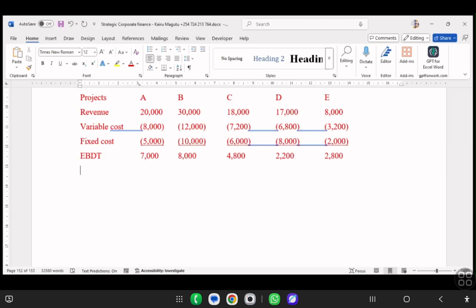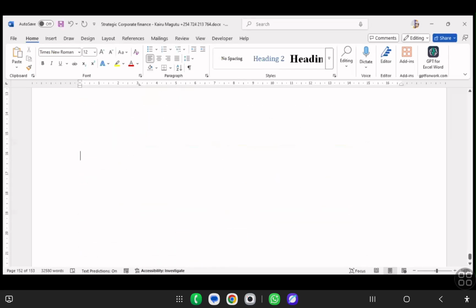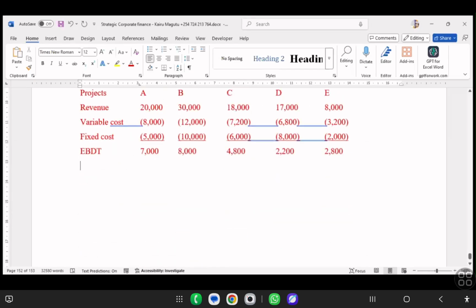Now, if you go back to the question, we are told that there is no taxation. Remember, since there is no taxation, ignore depreciation.